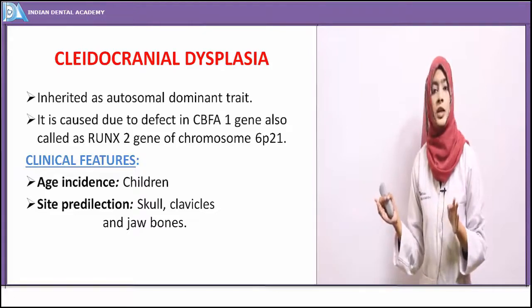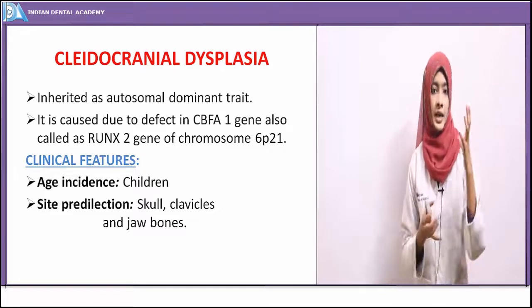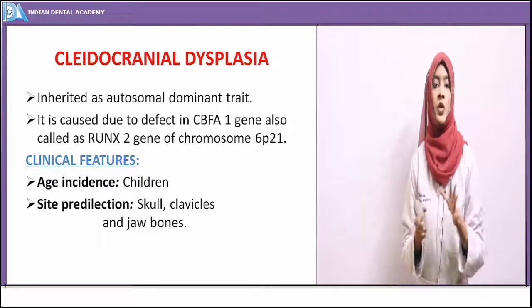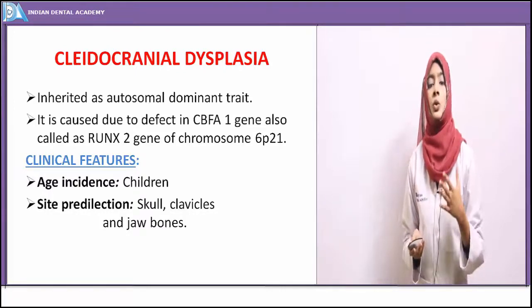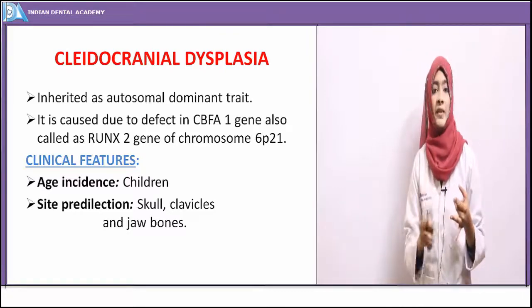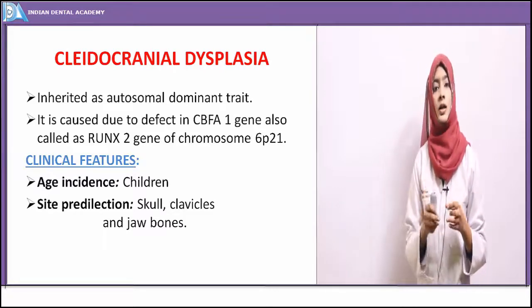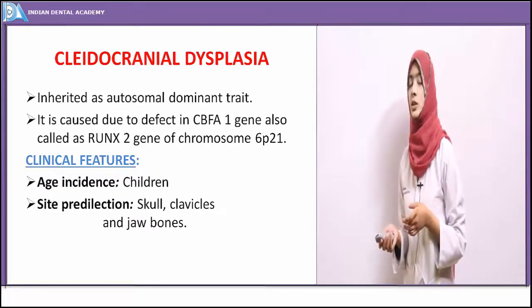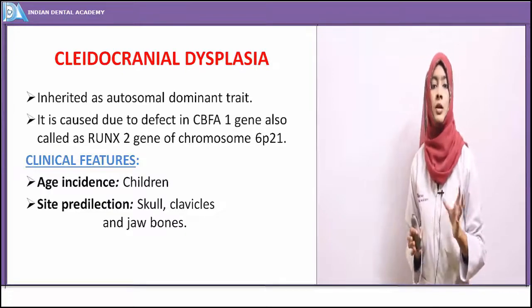But in cleidocranial dysplasia, even when you observe the X-ray of an adult patient, you can see the sutures are open. The fontanelles didn't close. So open sutures is a characteristic feature. Then the clavicles may be absent, or even if present, only fragments may be seen. One or both may be affected, and it may be symmetric bilaterally.